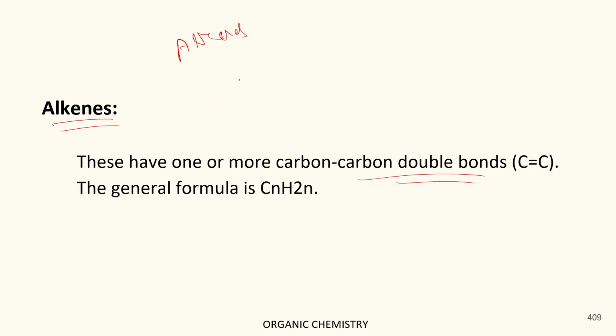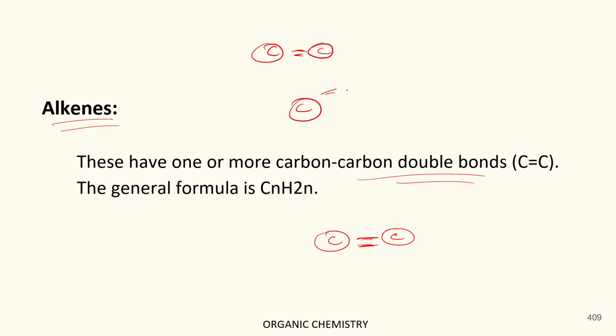So the first type we have is alkene, and alkene basically stands for double sharing. Simply you can say this one is an example for alkene. Got it? So it is also in the form of a straight line.